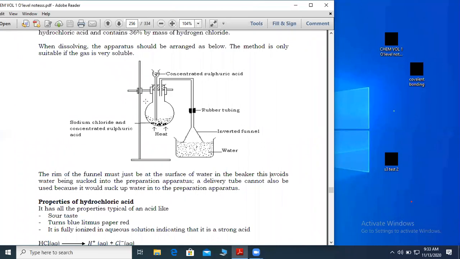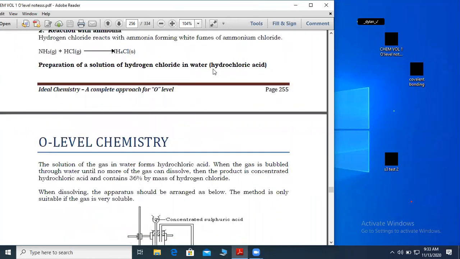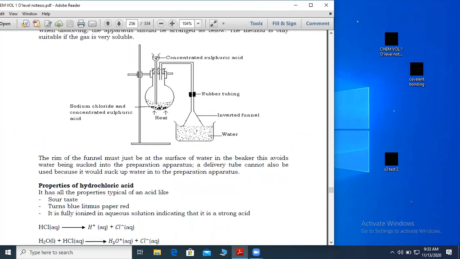When we are preparing a solution of hydrogen chloride gas, which is hydrochloric acid, the gas prepared is added to water using an inverted funnel. And we use an inverted funnel, not a delivery tube, to avoid the water from being pulled back to the reaction flask.